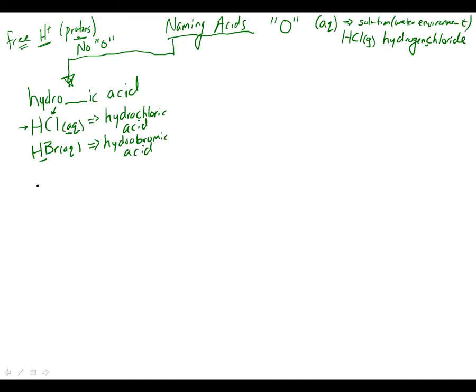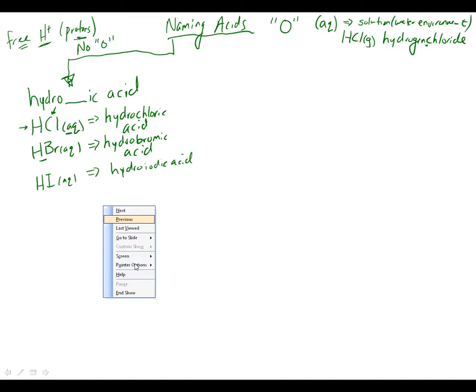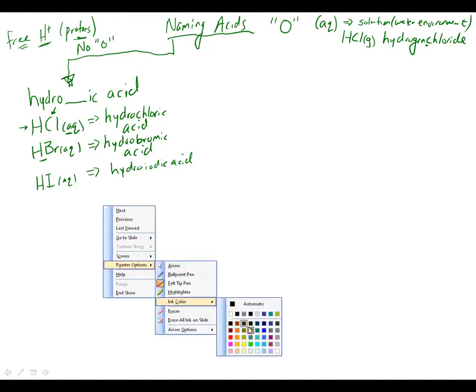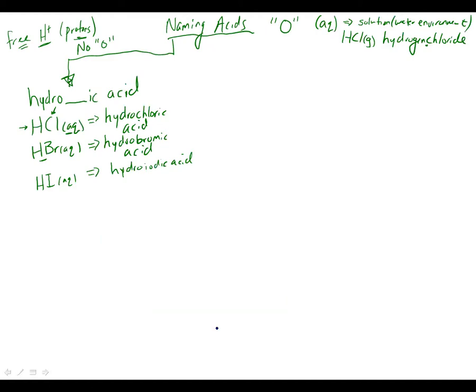If we had HI, that is hydroiodic acid, and so forth. Sometimes when people name acids, they want to use hydro with every acid name. But hydro is specifically only used in a situation where we do not have oxygen involved.